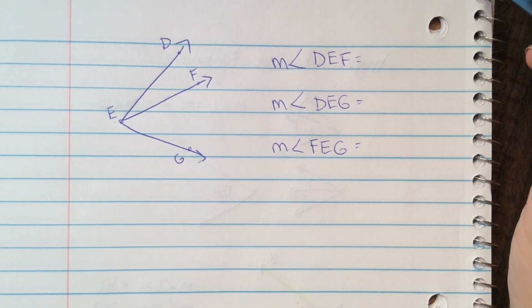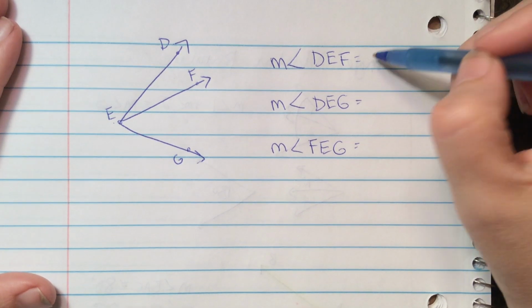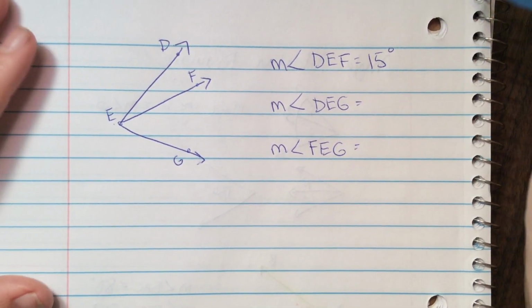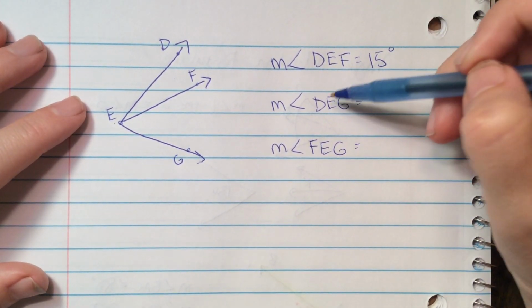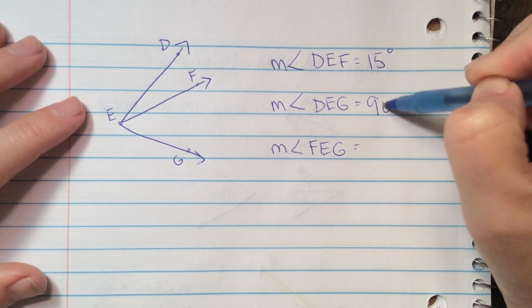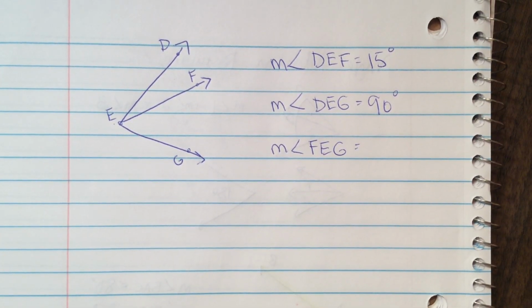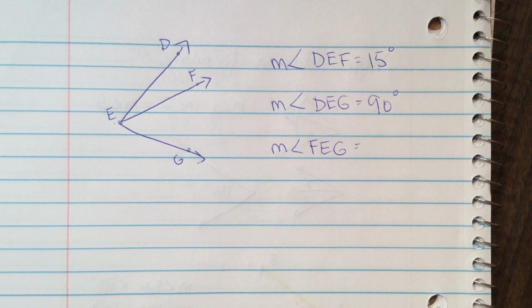Okay, so let's say the measure of angle DEF is 15 degrees and the measure of angle DEG is 90 degrees. What's the measure of angle FEG?